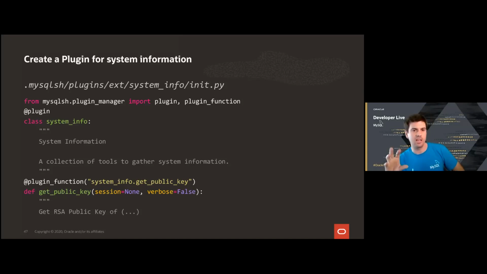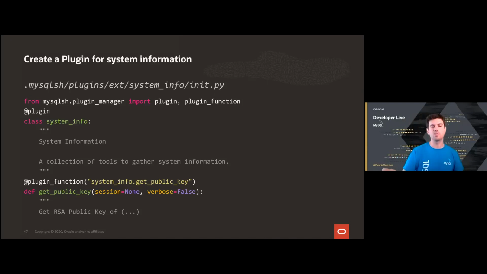So for example, here I'm creating a plugin. I call it system info. You can see the @plugin annotation that will indicate to shell to create the system info class, the object. Using the Doxygen comments, you have the system info. I wrote that it's a system information collection of tools to gather system information.